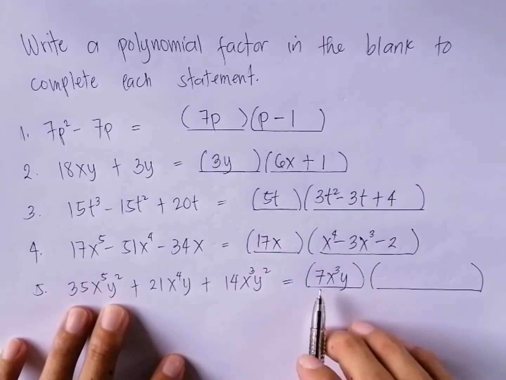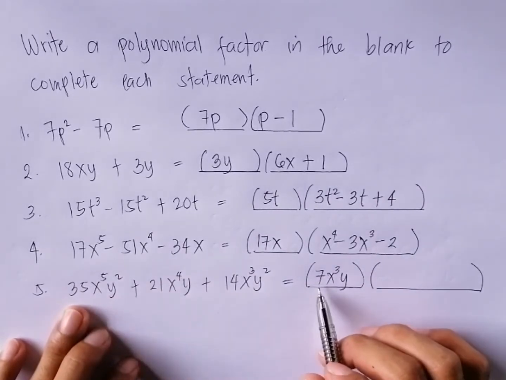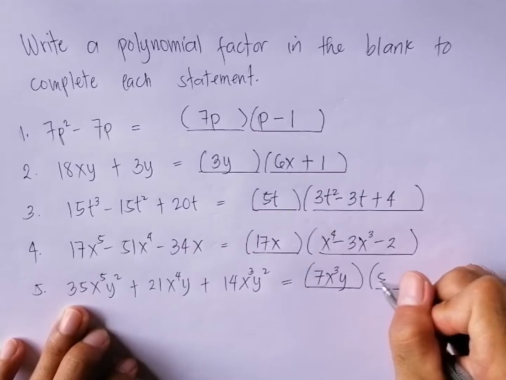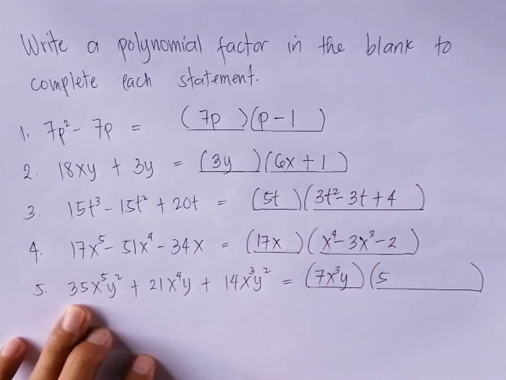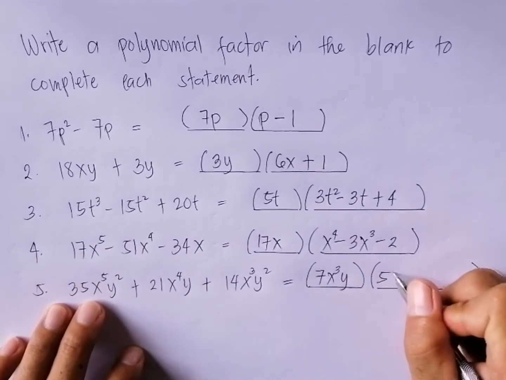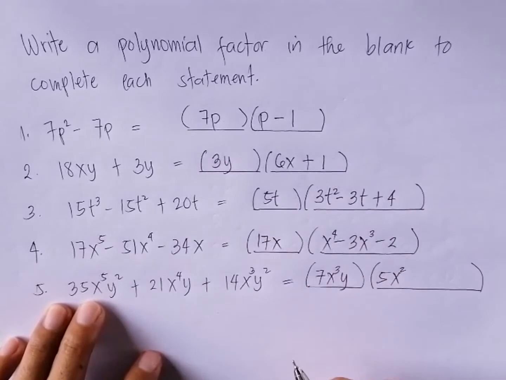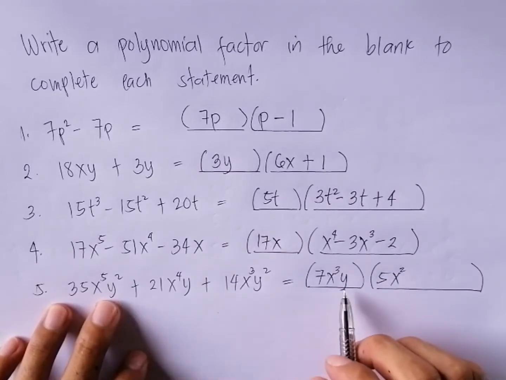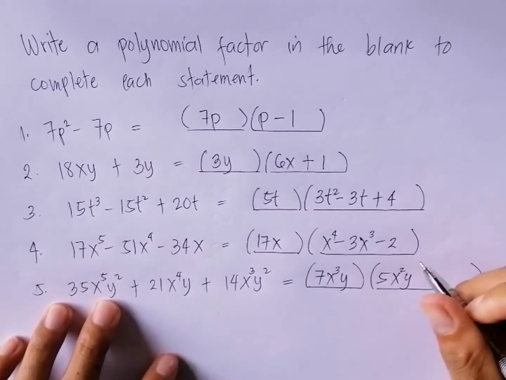Then 35 divided by 7 is equal to 5. Then x raised to 5 divided by x to 3 is x squared, or x raised to 2. Then y squared divided by y is equal to y.